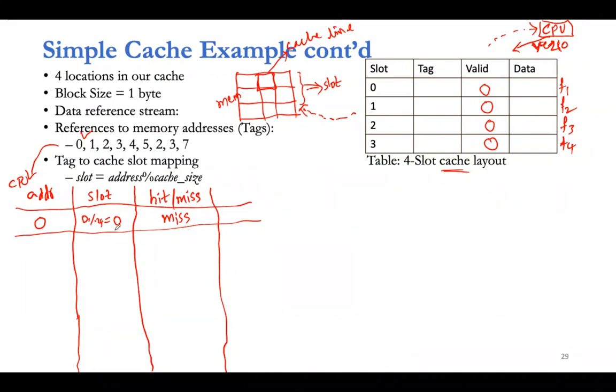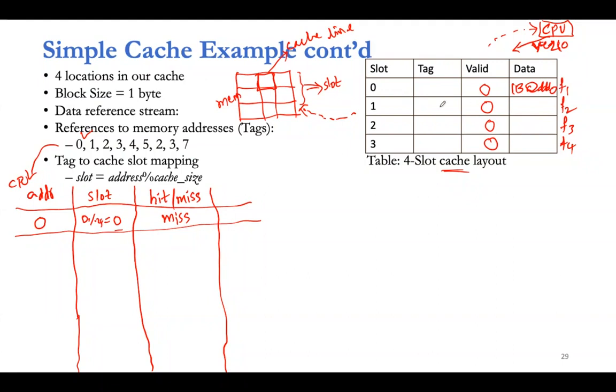We consider this as 1 byte of data fetched from your main memory, at the data address of your 0.